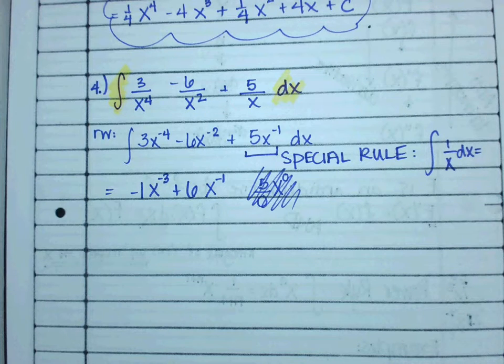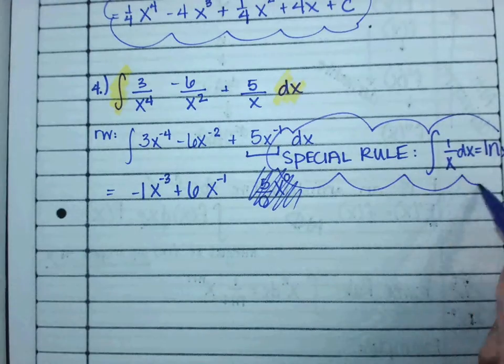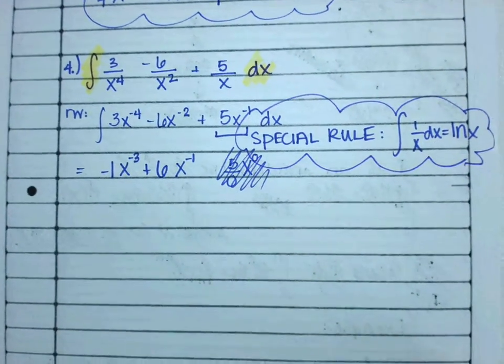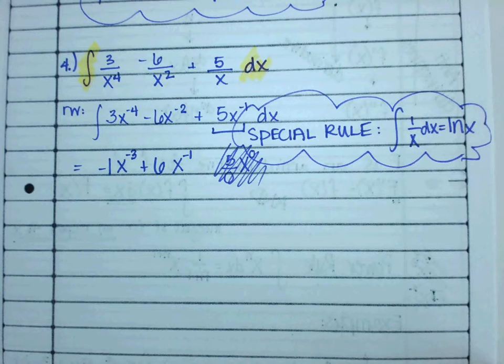Which function, when you take the derivative, do you get 1 over x? ln. Then the integral of 1 over x goes back to ln. Okay, so make sure that rule is in your notes. Whenever you have a 1 over x, to go backwards, it must have been an ln x, because ln x gives me 1 over x as the derivative.